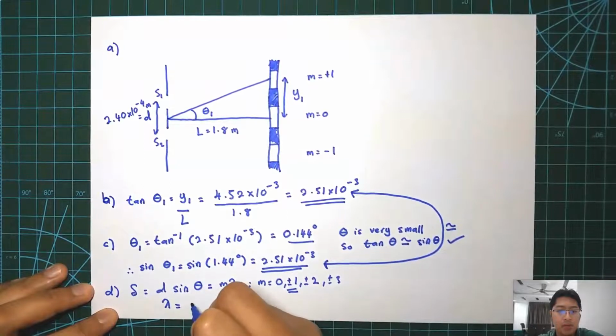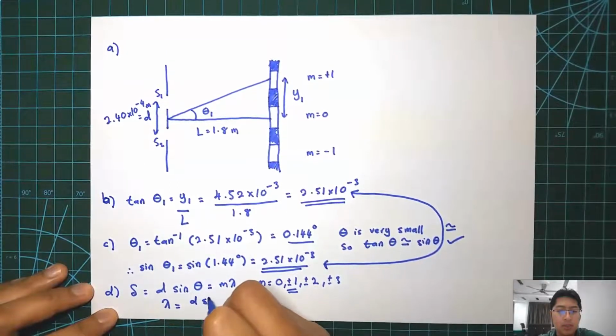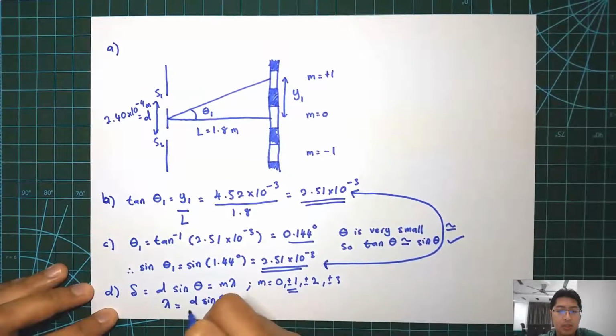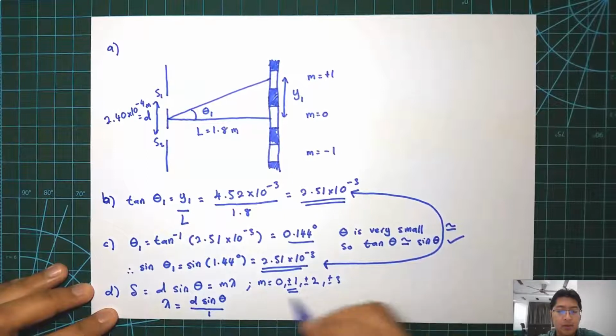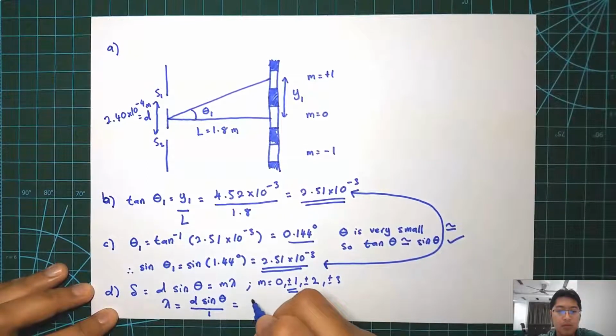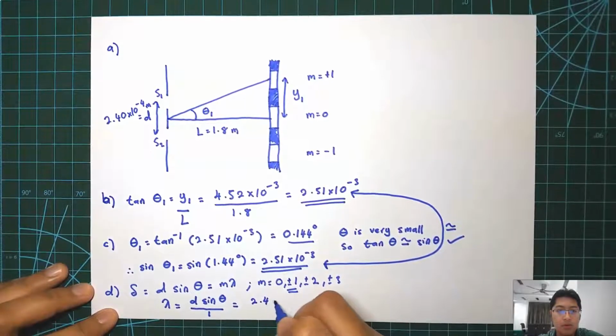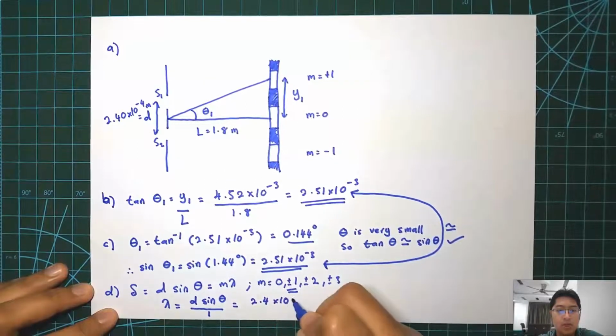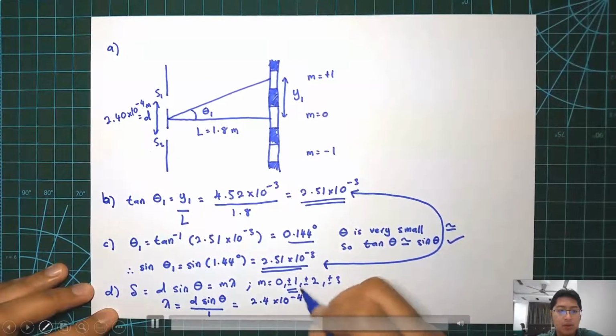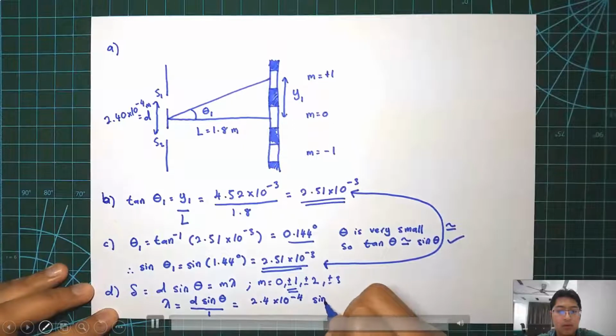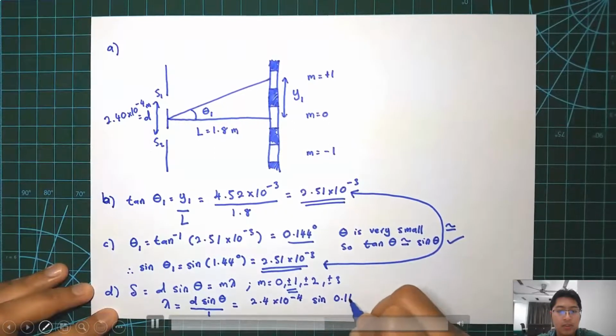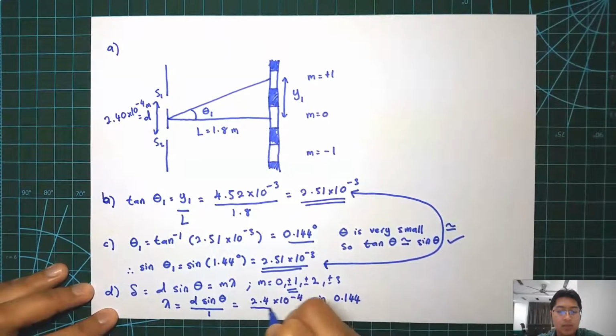So the lambda, the wavelength of the light, equals d sine theta 1 divided by 1, equals 2.40 times 10 to the power of negative 4 times sine 0.144 divided by 1.